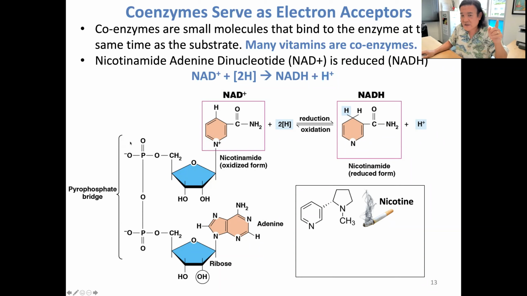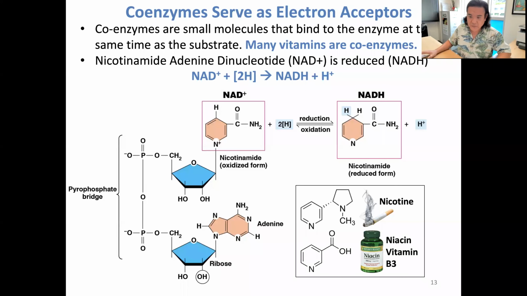So these coenzymes are super important in order for certain enzymes to even work. As a result, many of these coenzymes are what we commonly call vitamins. You might have wondered, vitamins are important, you always need vitamins, you might take vitamin supplements, but what are vitamins? What do they really do? Many vitamins are coenzymes. Here's an example, vitamin B3 or niacin.